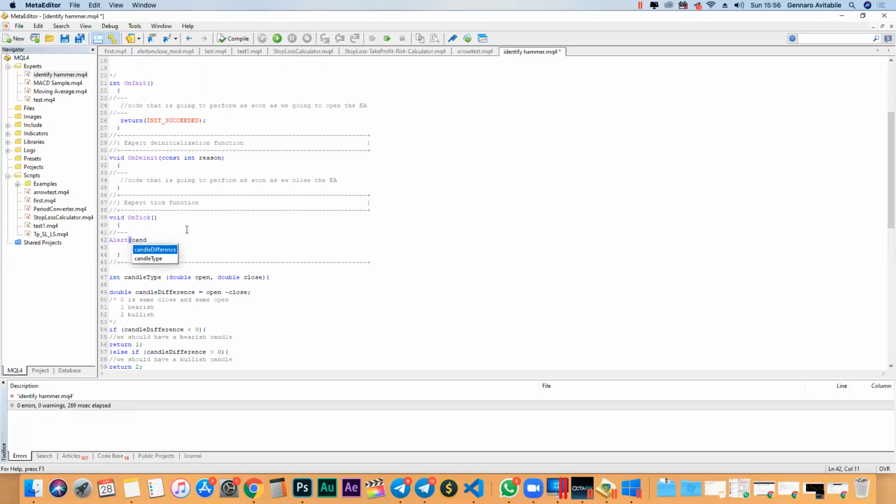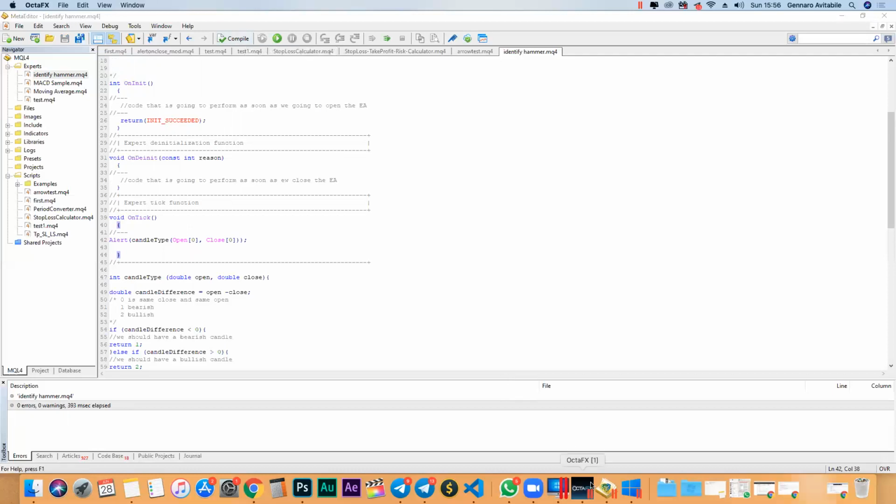Candle type is going to be equal to the open 0 and close 0. That should be the close and the open of the last candle. That should work.